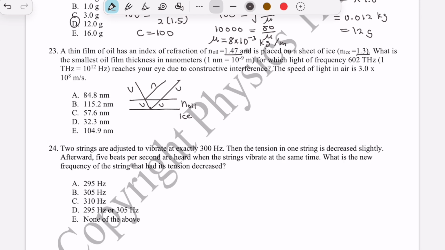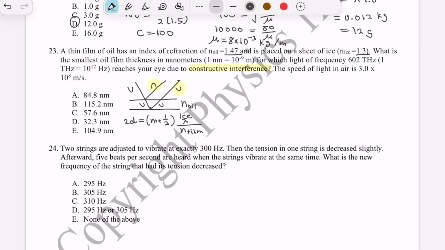It says we want constructive interference, so we want the parts of the wave to match up, but right now I have a crest and a trough. So I need to use the switched equation, which is 2d equals (m plus half) times wavelength over n of the film.